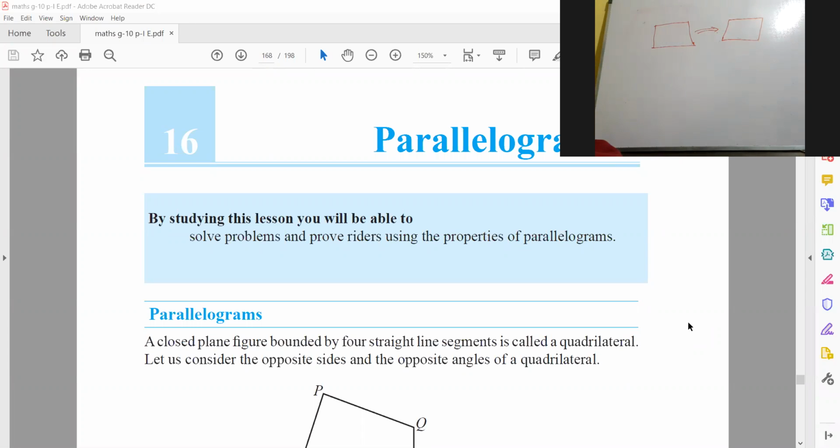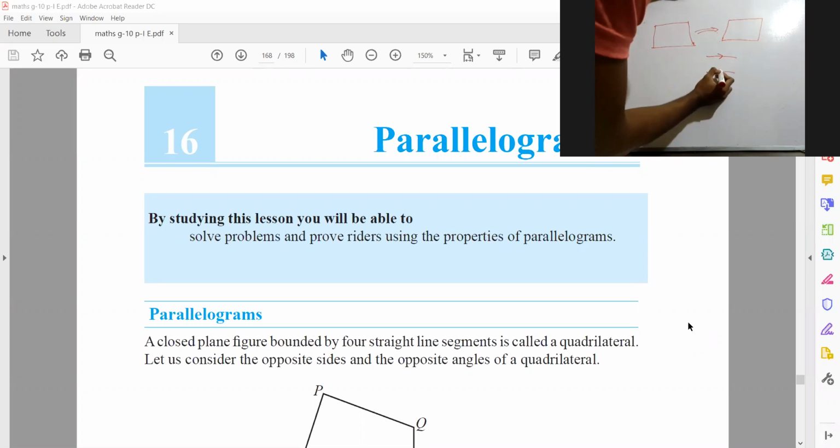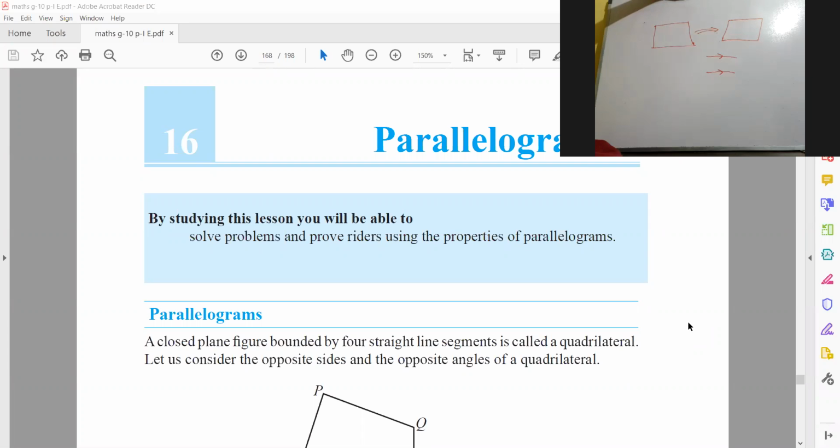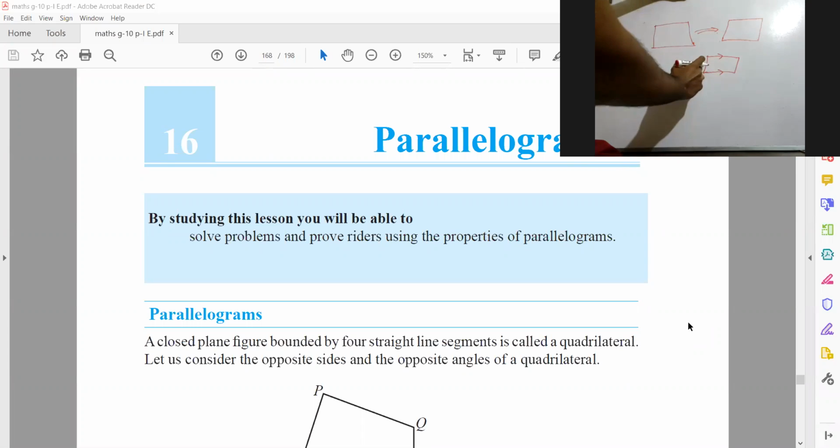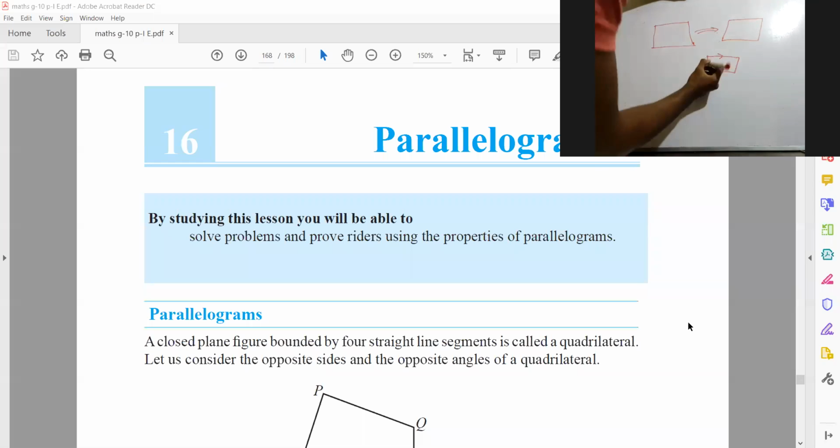We denote parallel lines using arrowheads. If these two lines are parallel to each other, we denote this by an arrowhead like this. And if there are more than two sides which are parallel, if these two lines are also parallel to each other, we can denote it by two arrowheads.